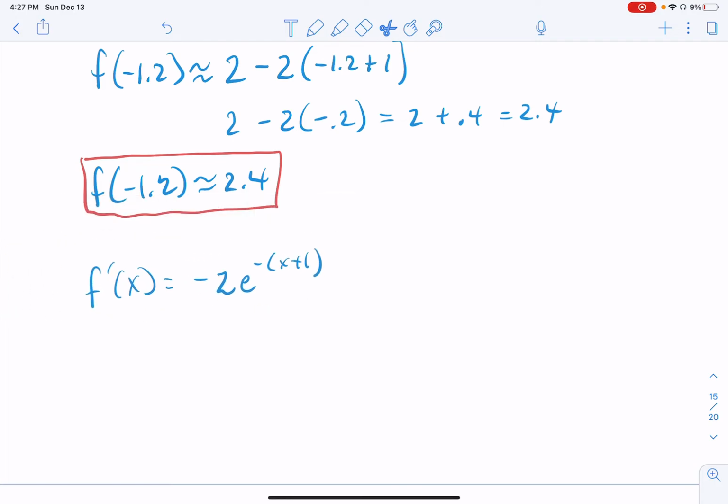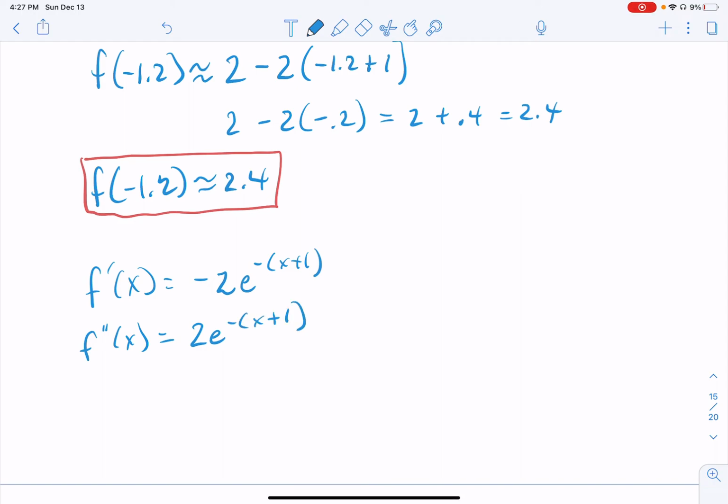All right, now let's find the second derivative. f double prime of x is the same exact thing as what we started with, but then we multiply it times the derivative of this interior function, which is a negative 1 again, which interestingly goes back to the original function.